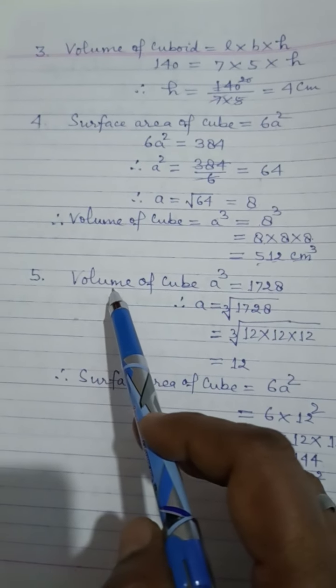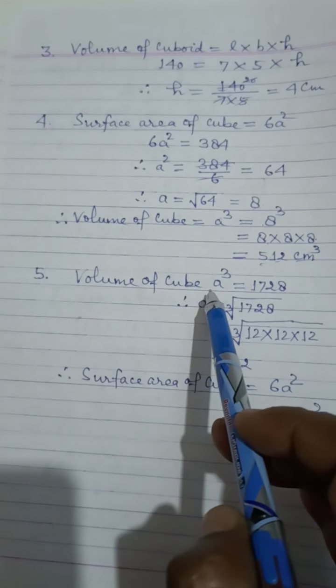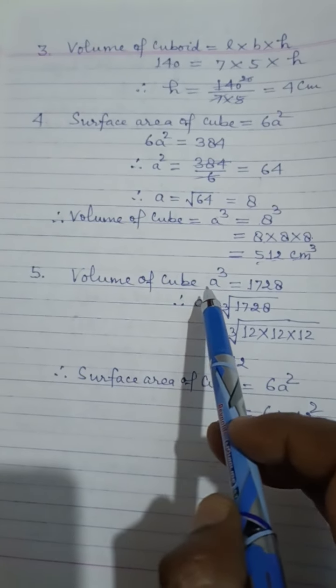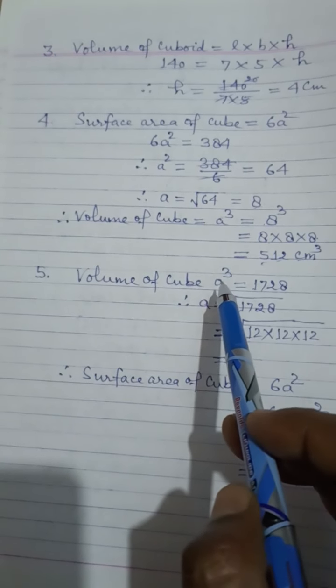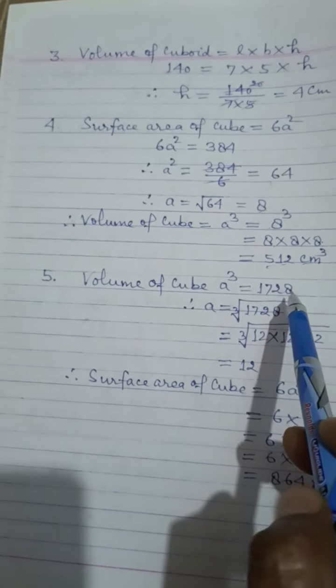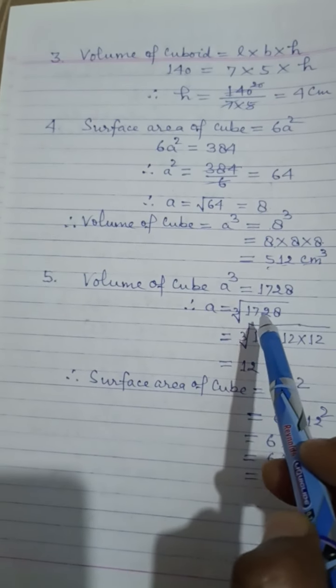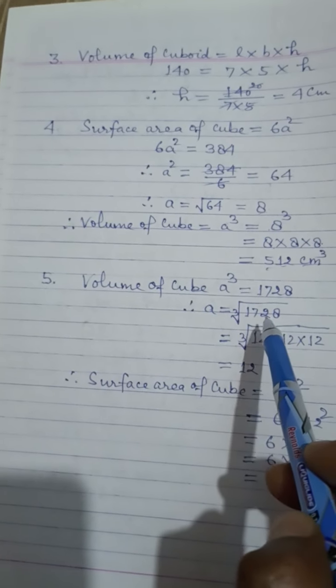The volume of a cube is 1728. Same question as this. Volume of cube formula is a cube. So a cube is equal to 1728. So a is equal to cube root of 1728.